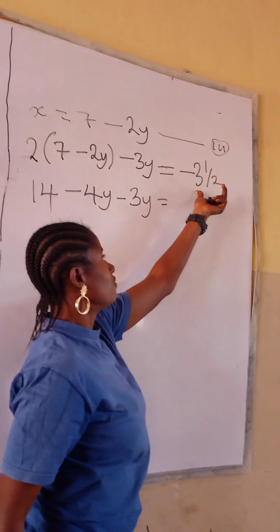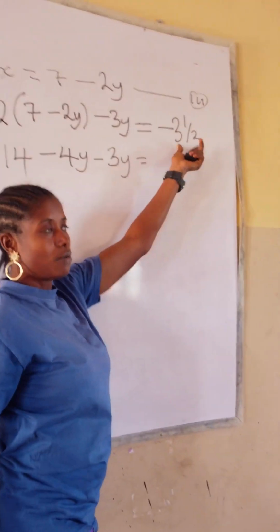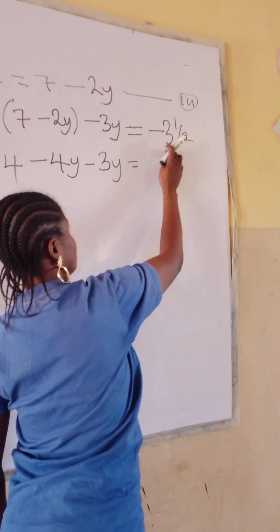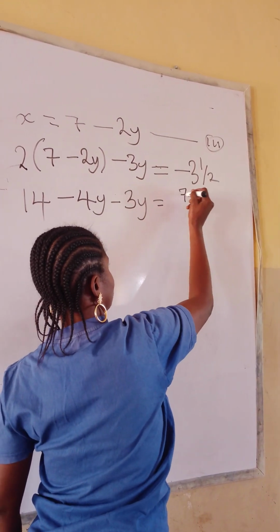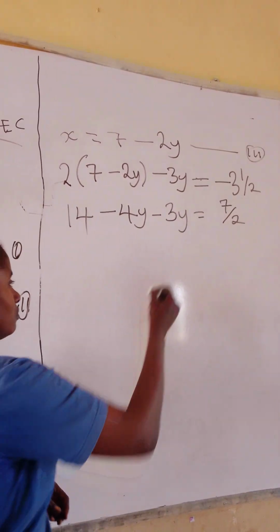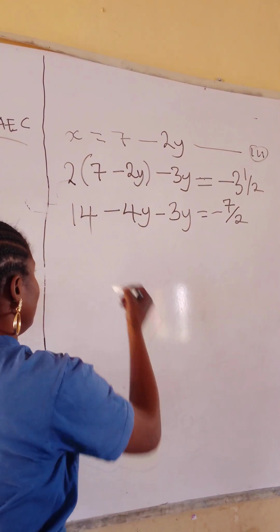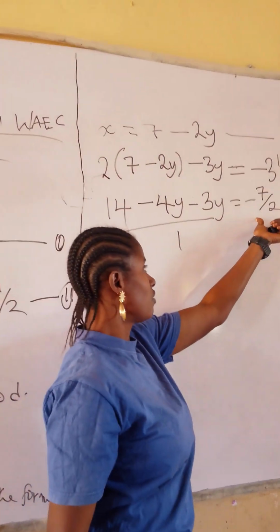Now we are going to convert this to an improper fraction. 2 times 3 is 6, 6 plus 1 is 7, all over 2. We have our minus sign here. We support this with 1 because this one is having 2.